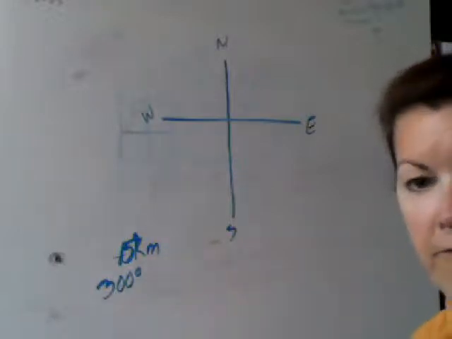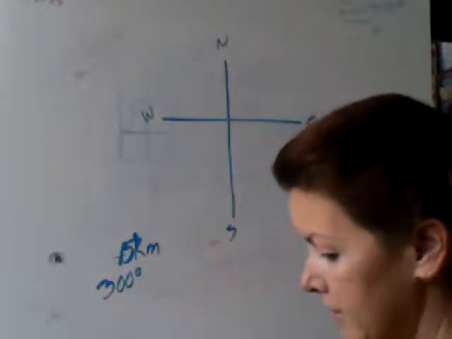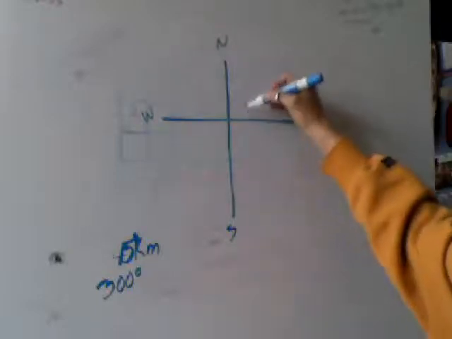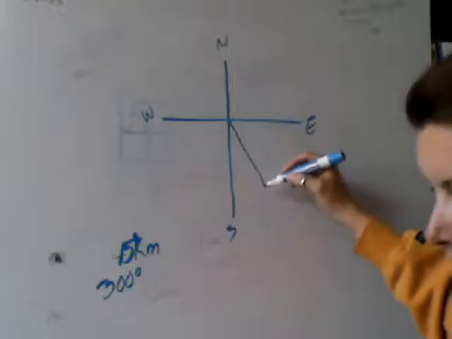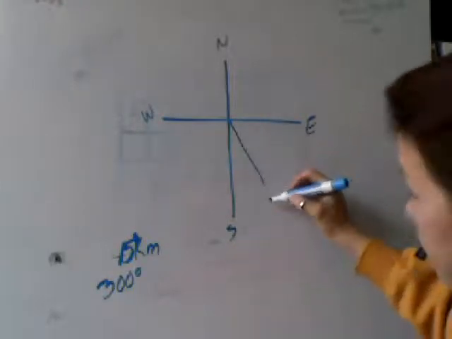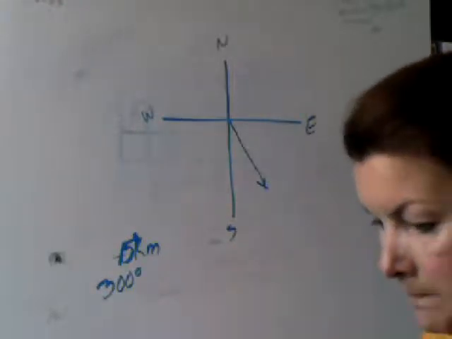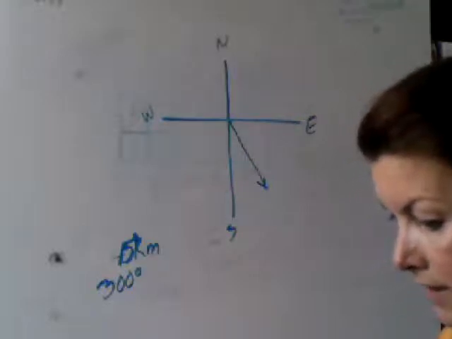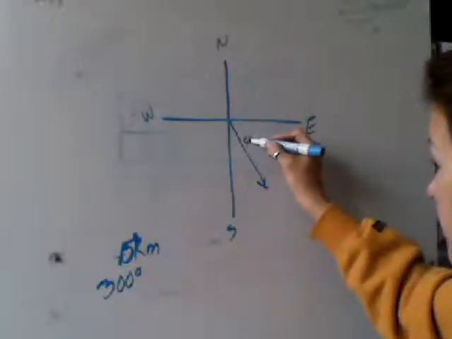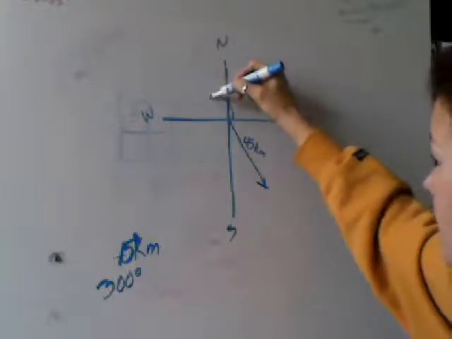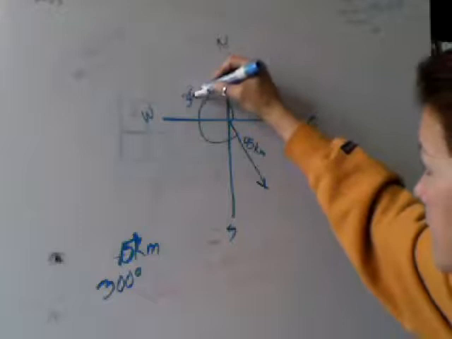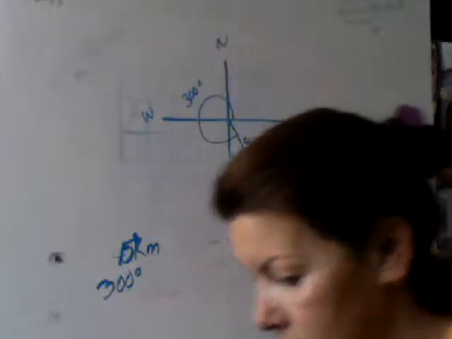So we know from using our protractor that 300 degrees, 90, 180, 270, 300 degrees is in this direction, and we know that this is going to be 45 kilometers, this angle, it's 300 degrees.